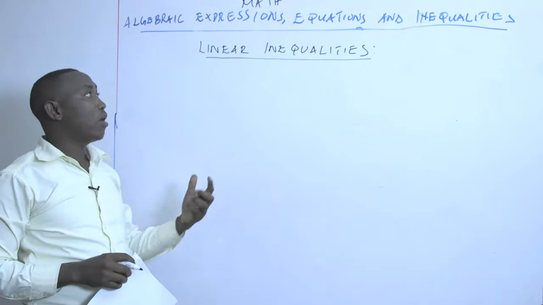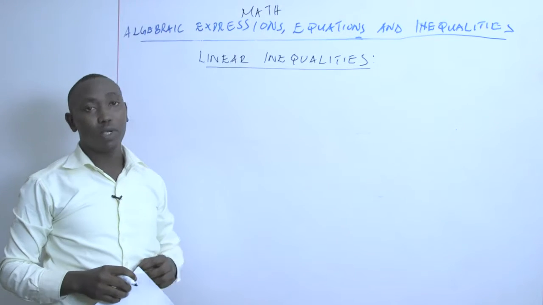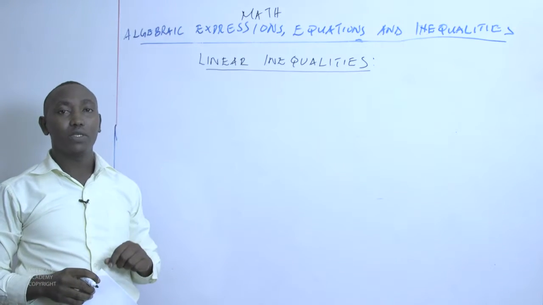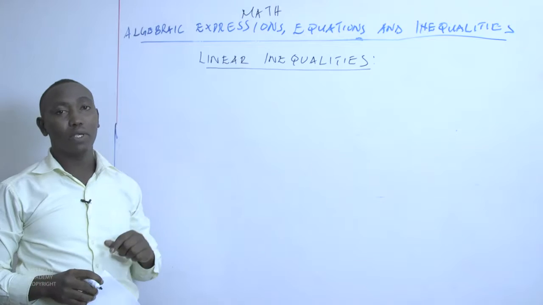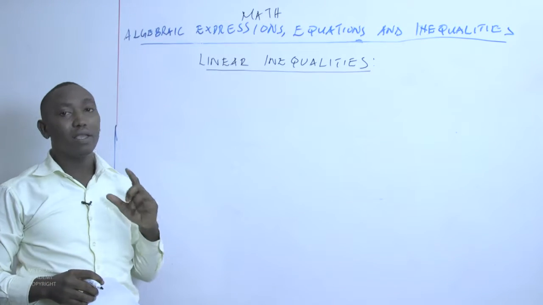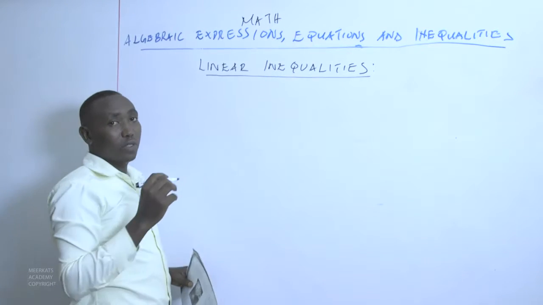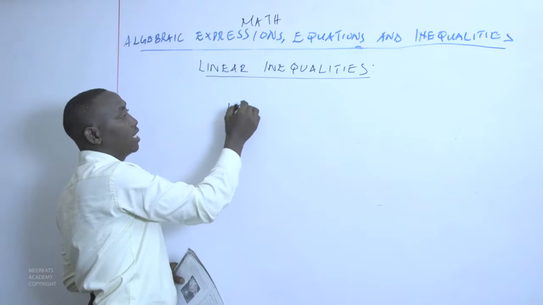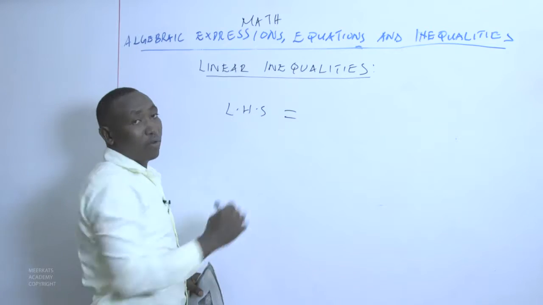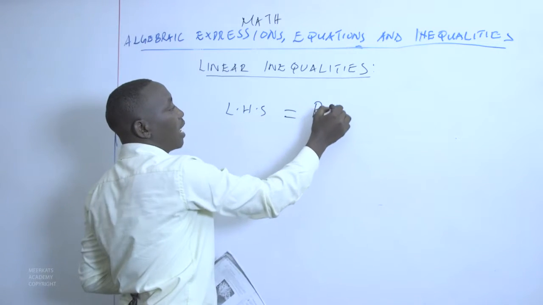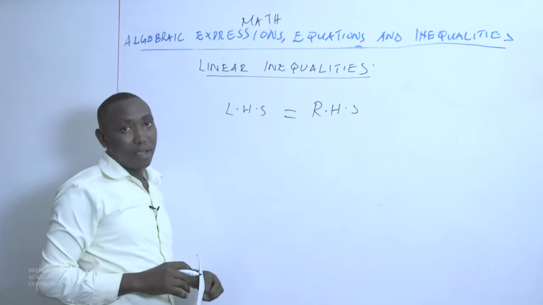In our last lesson, we finished the discussions of equations, where we said that algebraic equations are normally in one form. That is, they consist of three parts: the left-hand side, an equal sign, and the right-hand side.